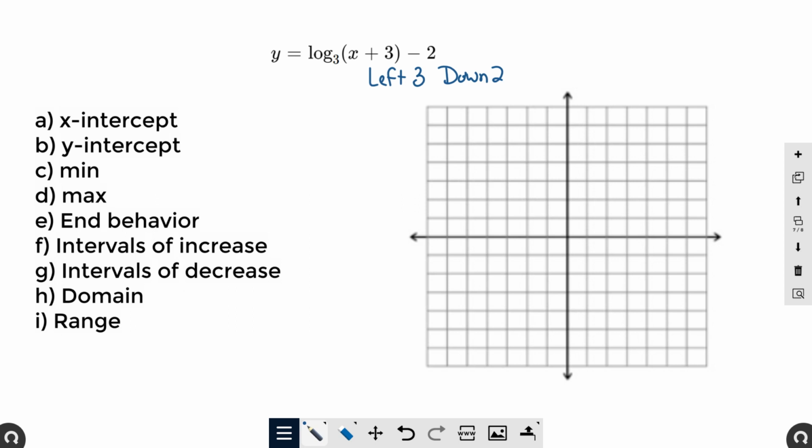So imagine the same graph that we had, but everything is shifted left 3. So what does that mean about this vertical line that your graph didn't cross before? Well, it's going to move 3 spots over. So your graph is kind of going to look like this now. Everything is shifted to the left 3.